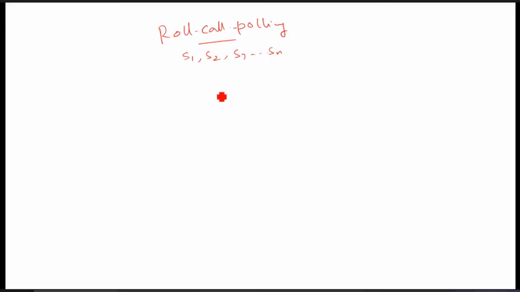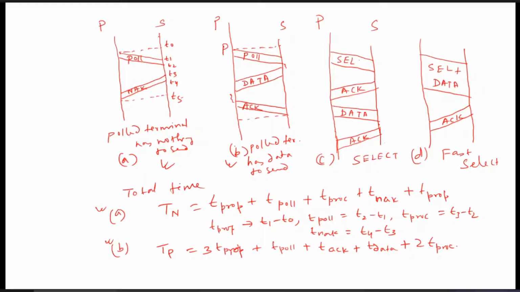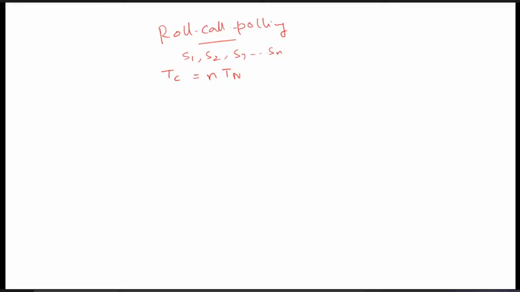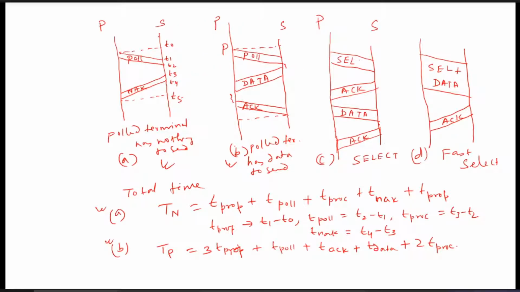So the timing in this case, if you consider round robin fashion, the total time will be Tc, that is n Tn, the Tn we have seen, plus k TD. TD indicates the time to transfer data.